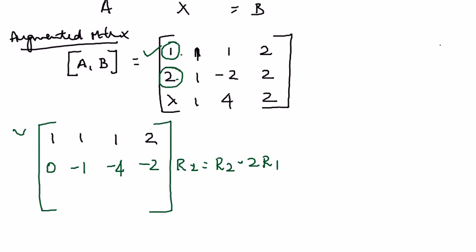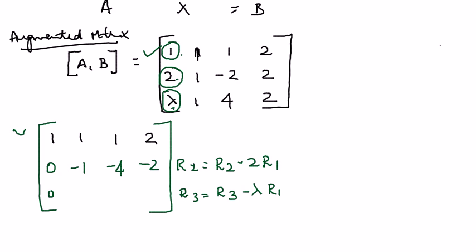Next, if I want to make this element here a 0, I should say R3 is equal to R3 minus lambda times R1. When I multiply R1 with lambda and subtract it from R3, I'll get this as 0, right?